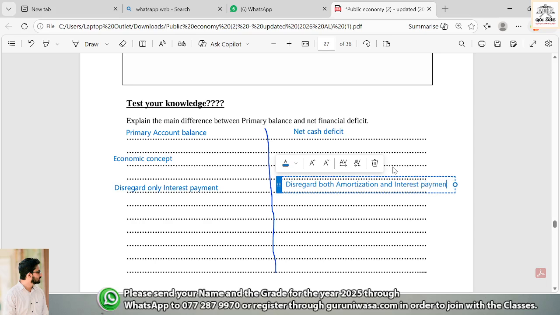Remember these two differences. There's no need for very detailed ideas; that's enough.